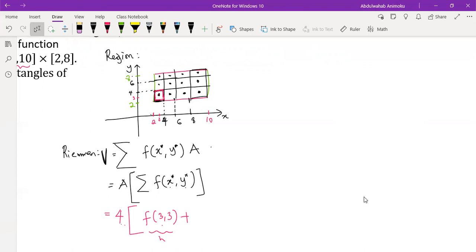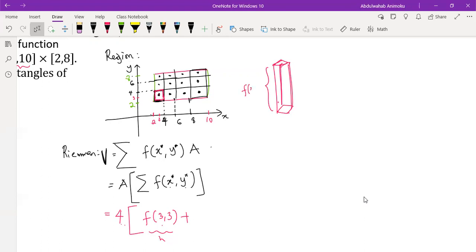So think of each strip as this cuboid, right? Where the height of this cuboid is determined by what?